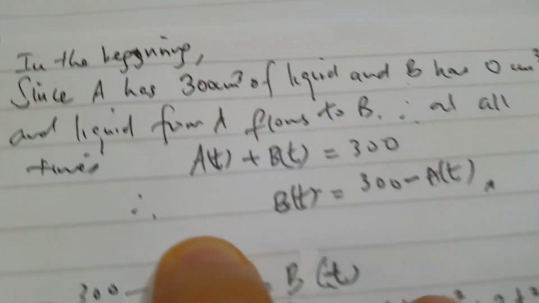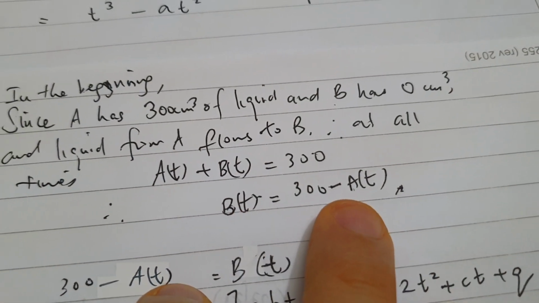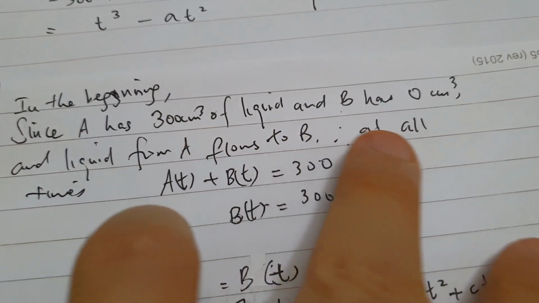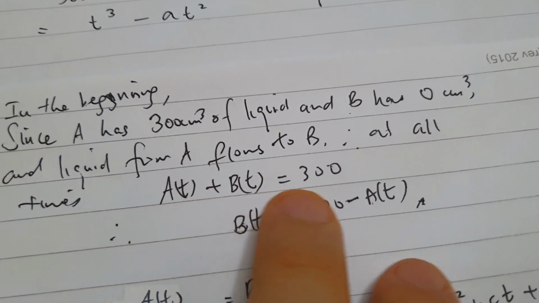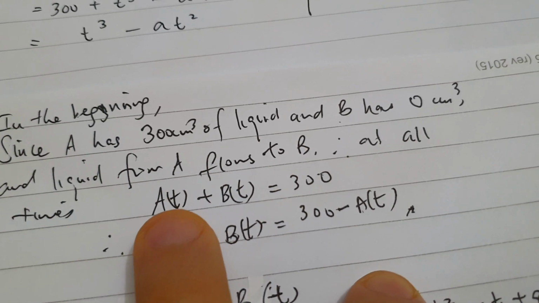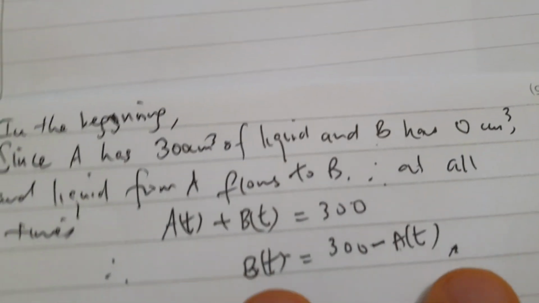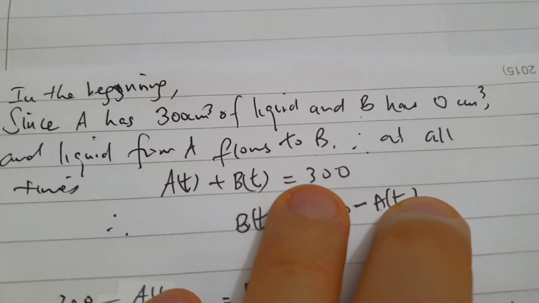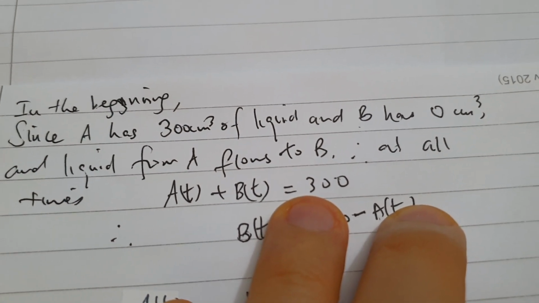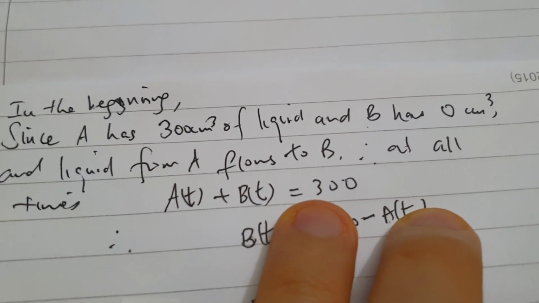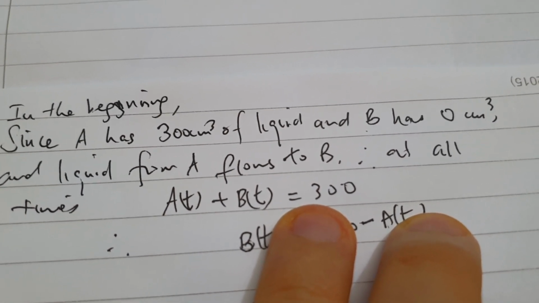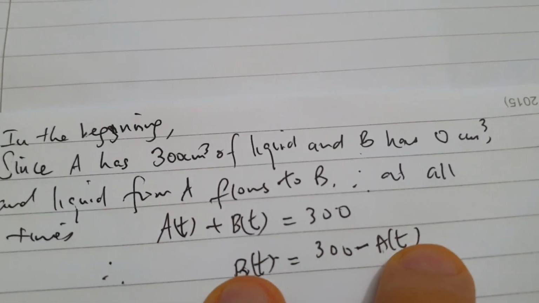Okay, I get this. Alright, so the explanation is here. At any point in time, volume of A plus volume of B must be 300 because there is only 300 cubic cm of water at any point in time for the two containers.